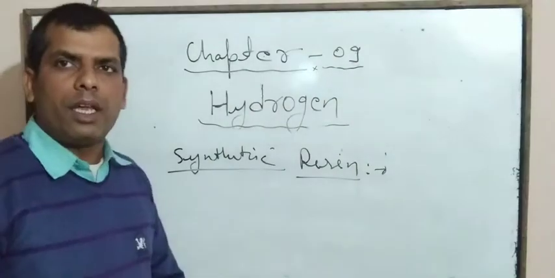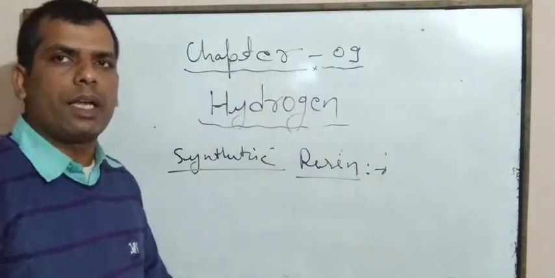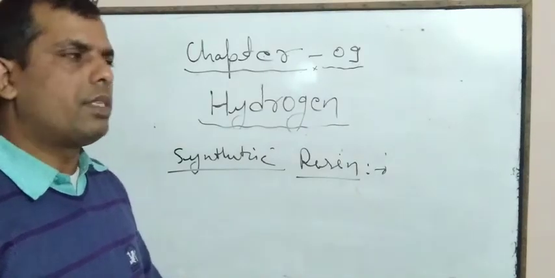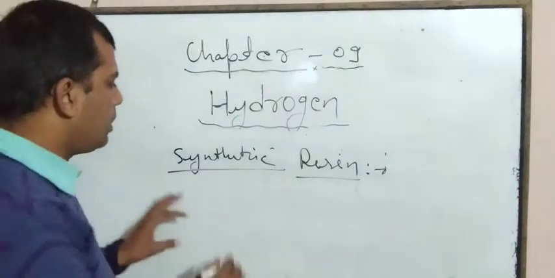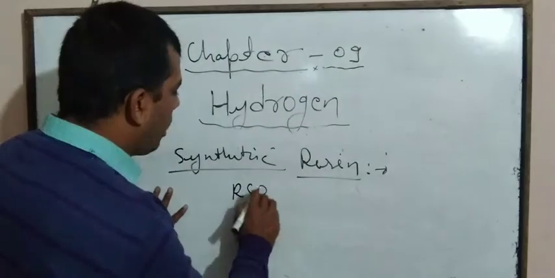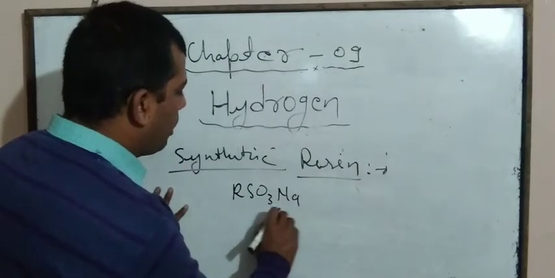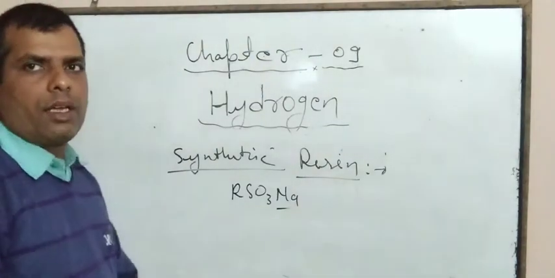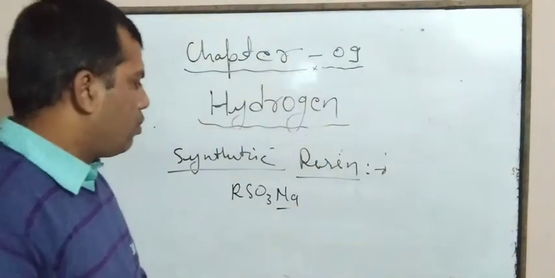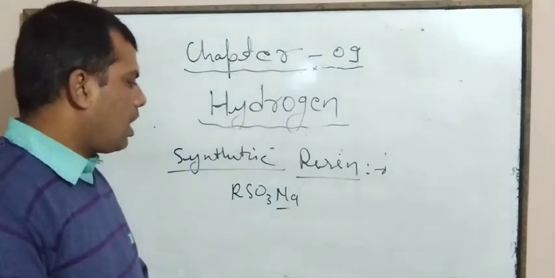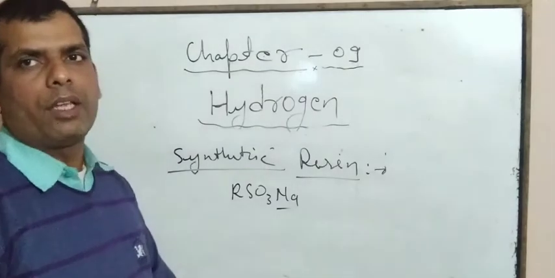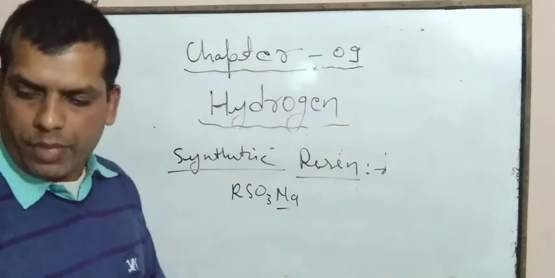Actually, resins work as cation exchangers, and the general formula for resin is RSO3Na. It is a sodium salt of a sulfonic group, RSO3Na.